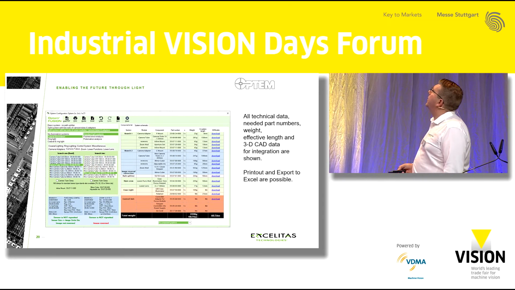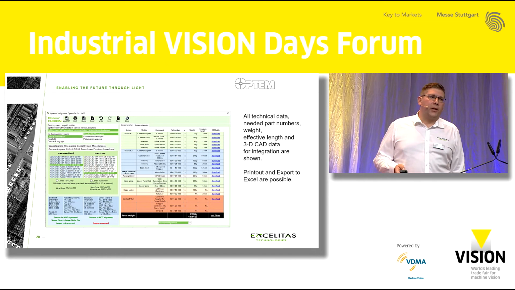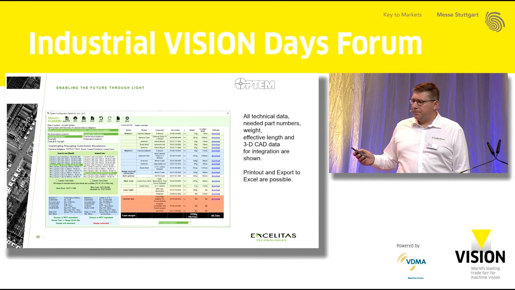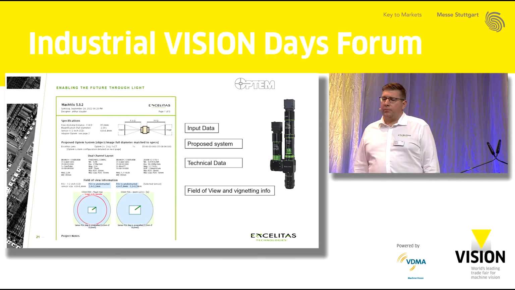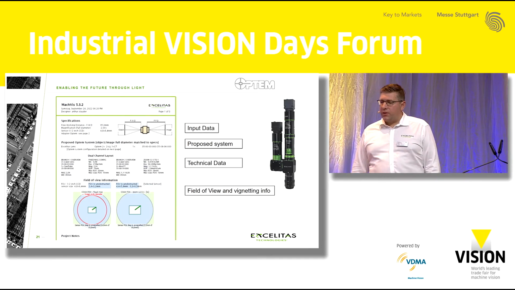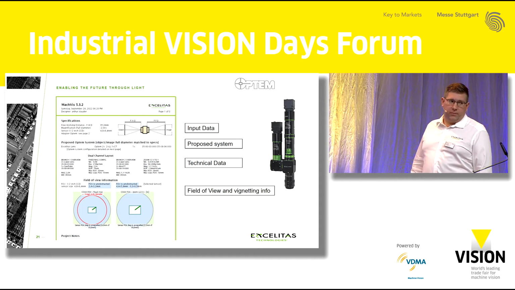Also, all 3D data is integrated. You can download the files and bring them directly into your project. As with the machine vision, you get a printout of the input system, the proposed data, and all technical data.